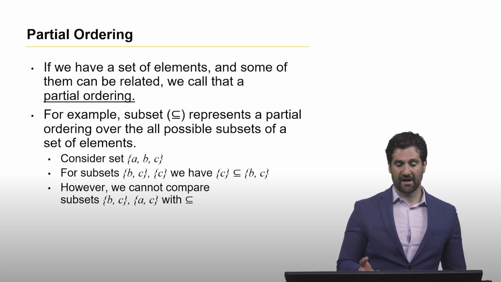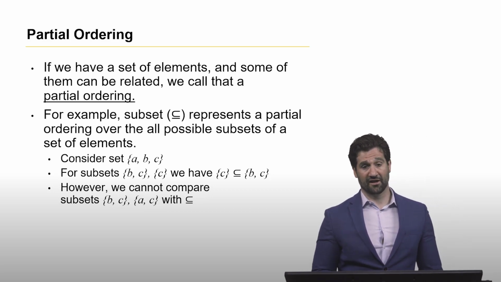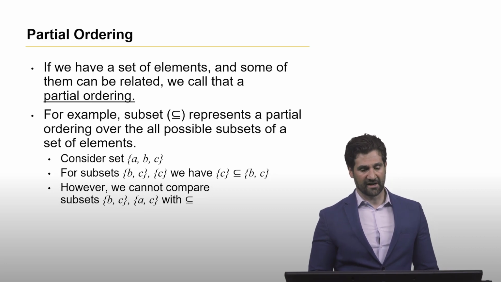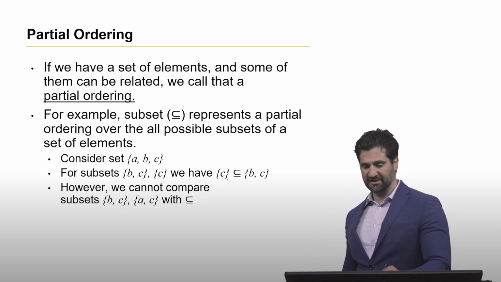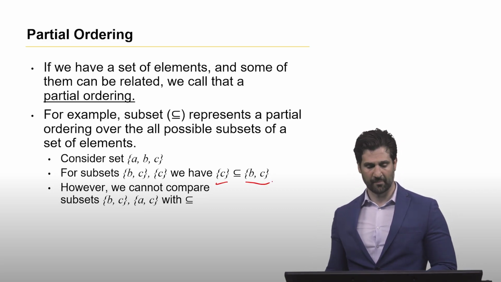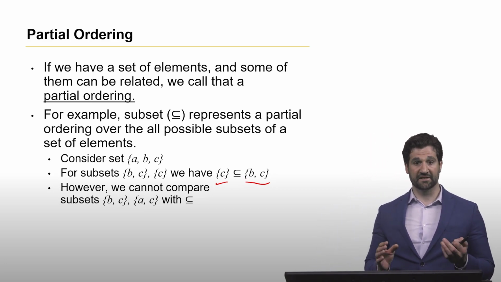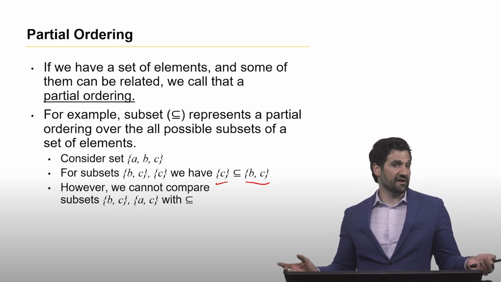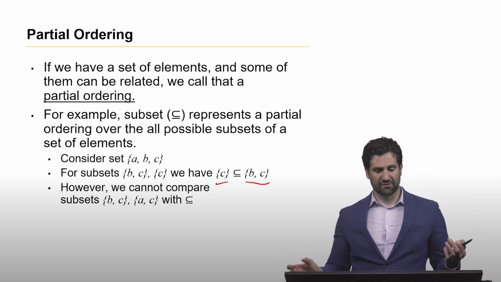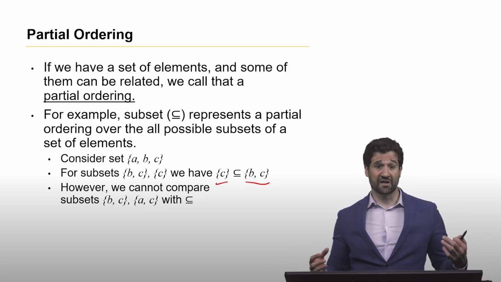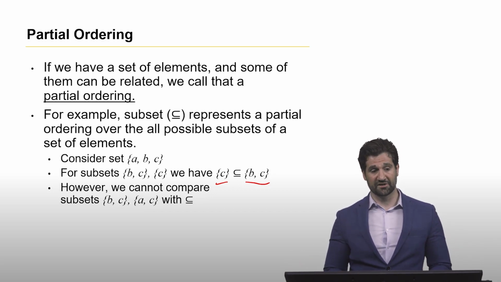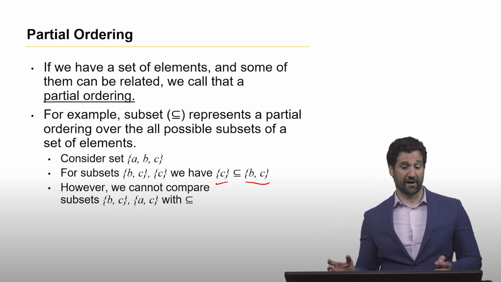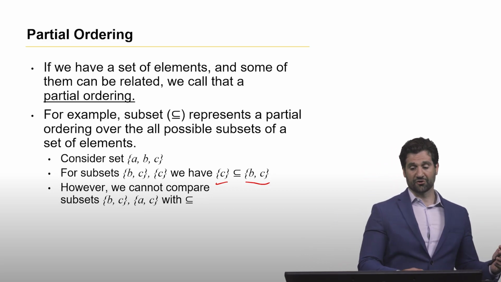So let's say we have a universe of elements A, B, and C, and we can look at subsets B and C, and these are comparable because C is a subset of BC. However, if we have subsets BC and AC, they're not comparable because one is not the subset of the other. So this is a partial ordering. All of these subsets of A, B, C, some of them we can compare with the subset relationship, others we cannot.